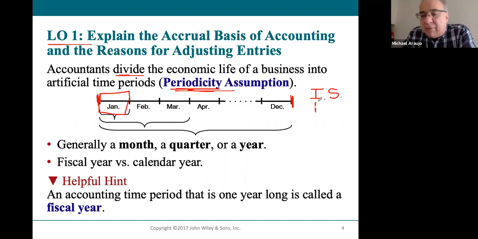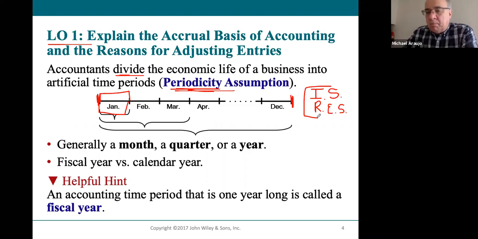And after we do the income statement, we have to do the retained earnings statement right afterwards, right? And if you notice in the titles of the income statement and the retained earnings statement, it says for the period of, for the month of, for the quarter of, or for the year ending. And so that's the period of time.